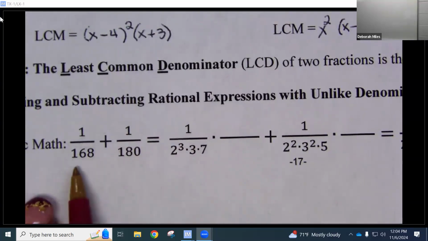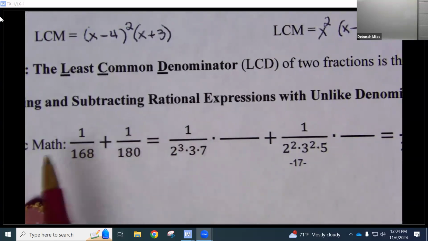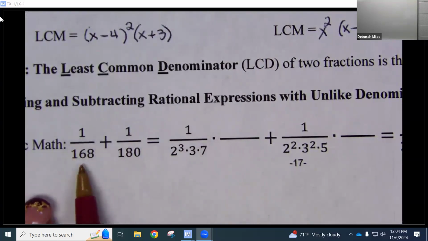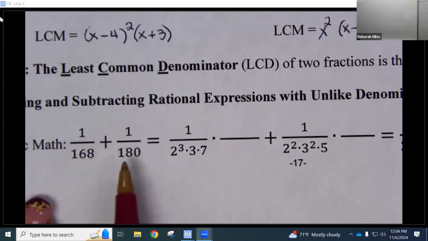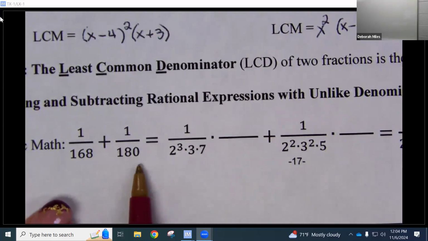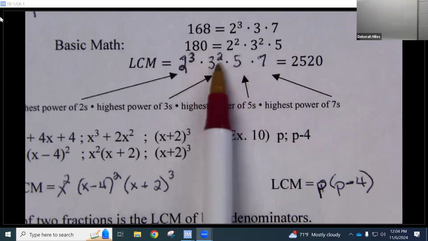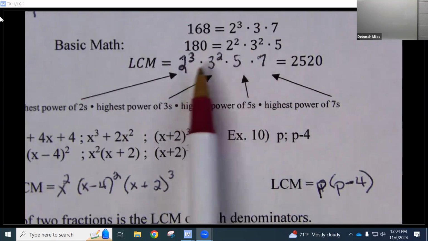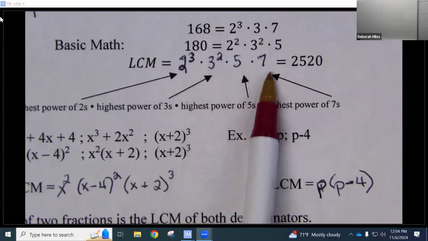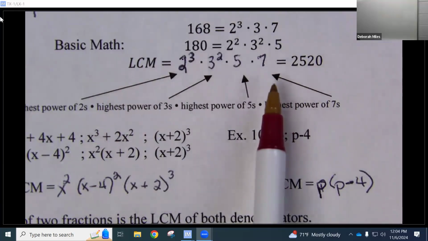and figure out how we would multiply, or excuse me, add 1 over 168 plus 1 over 180. We found the LCM right here. Same numbers. We found the LCM had to have a 2 cubed, a 3 squared, a 5, and a 7 all multiplied together.